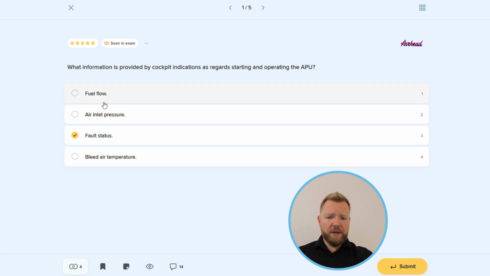Well, since APU operates constantly on 100%, there is no point to have a fuel flow indication because it's a constant known value. Air inlet pressure, we do not have air inlet pressure, and we also don't have a bleed air temperature indication. So answer number 3 is correct.